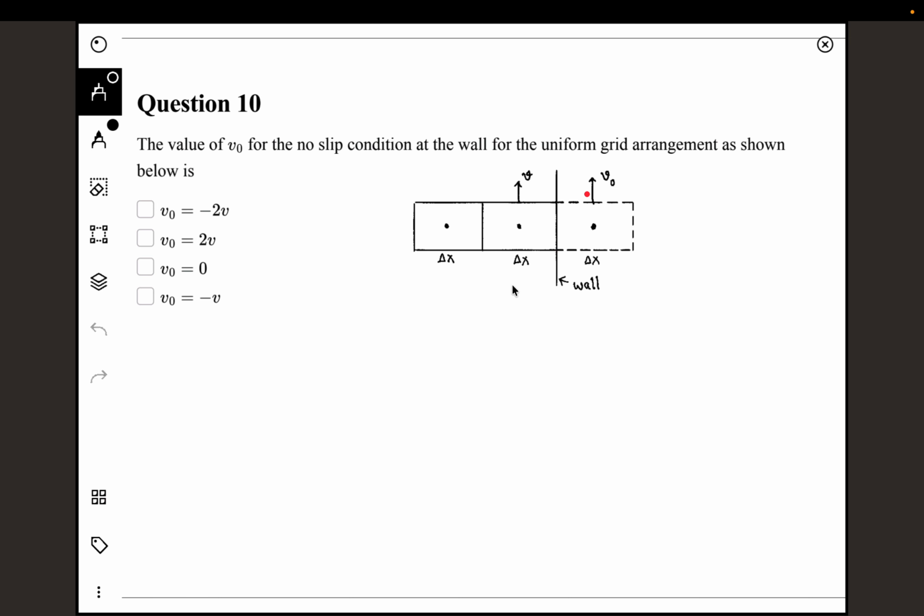Then we say that this is a wall, so velocity on the wall should be 0. Then we will use a linear approximation between these two. So velocity at the boundary, let's say Vb, is V plus the ghost cell velocity V naught, divided by 2. And at the boundary it has to be 0. So V should be minus V naught, or the other way around, V naught should be minus V.